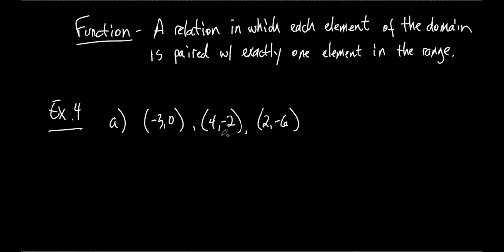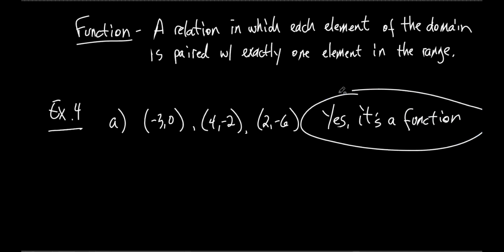Okay, there's no repeats or anything like that. Okay, so yes. So is this a function? That's the big question. Yes, it's a function. All right, that's your answer right there. You could just say yes if you wanted to.